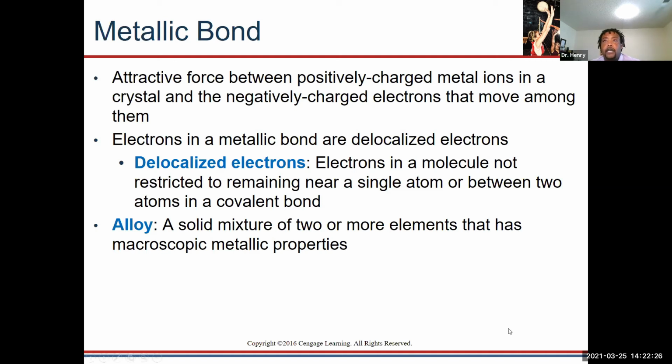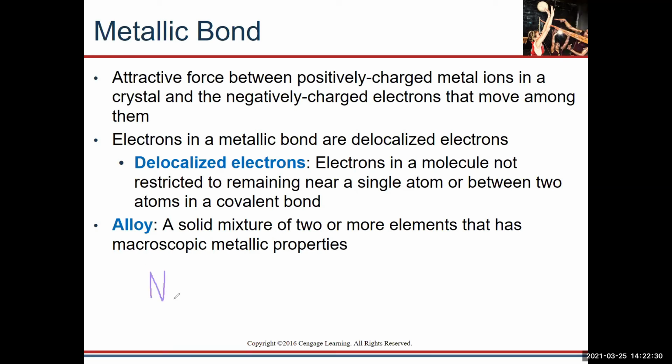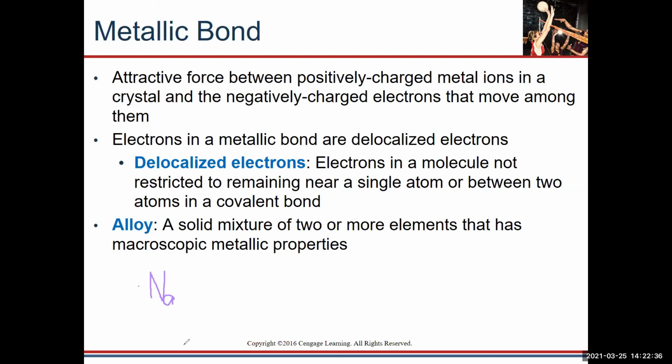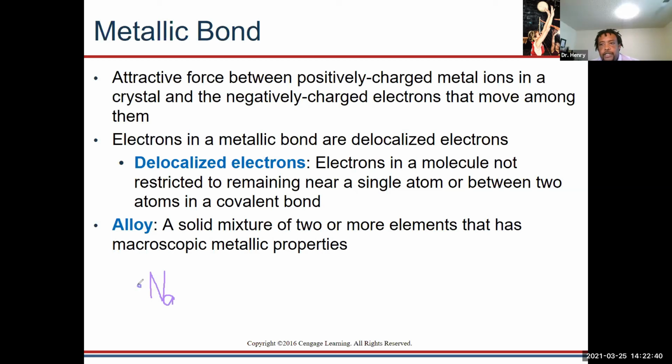So let's say we're talking about sodium. Sodium has how many valence electrons? 1. It has 1 valence electron. So if we do the Lewis dot structure of sodium, we draw it like that. What sodium metal does is it will sit there and say, I am sodium plus, and then it kicks its electron out by itself.